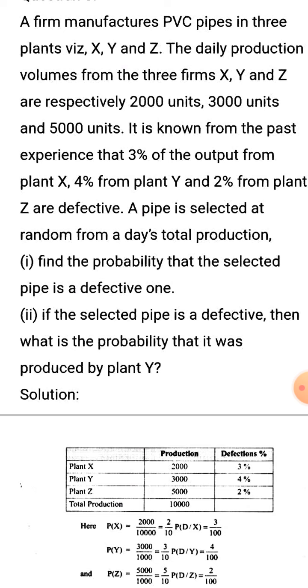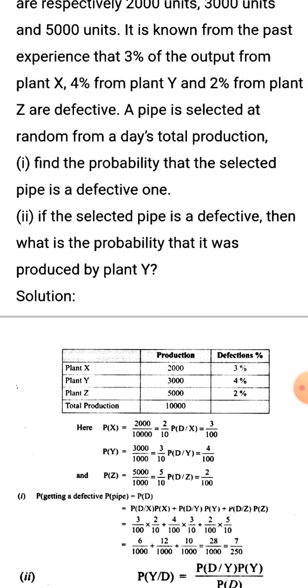Suppose the question said you can choose only an X item, then you would write only the X value. But here it is random, so find the probability that the selected pipe is defective. That is the first question.